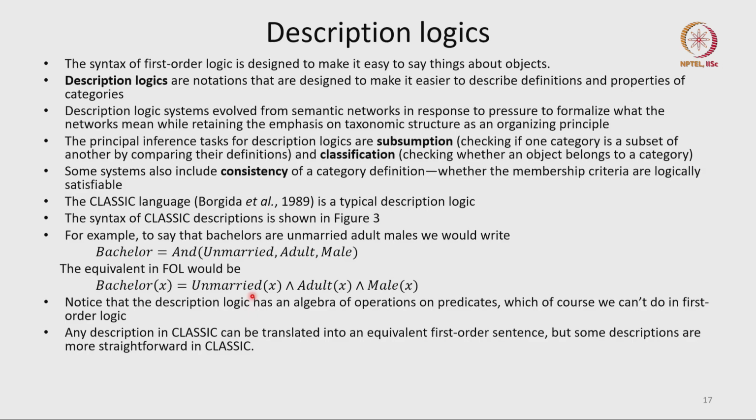So, if you use and in brackets you can give all the information about that particular category, right. So, for example, if you are talking about to say that bachelors are unmarried adult males, you will have to say bachelor equal to and unmarried adult male, right. So, you are using words like and etc. Okay. So, we will see what all you can use in the description logic basically.